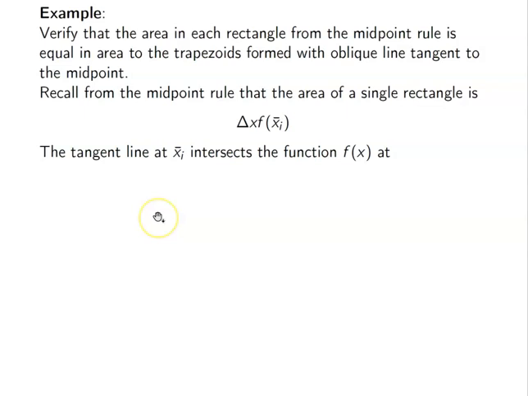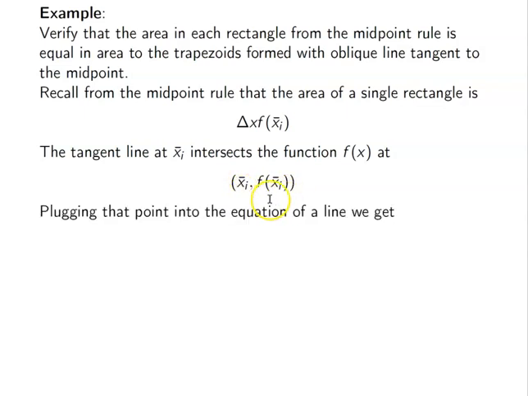So the tangent line at x bar intersects our function f of x at the point x bar, and then the function evaluated at x bar sub i. I'll just say x bar, but we know this is not a specific one, that's why it's sub i. So the midpoint x value and the function evaluated output at that x value, right? Every tangent line at x bar has this point.